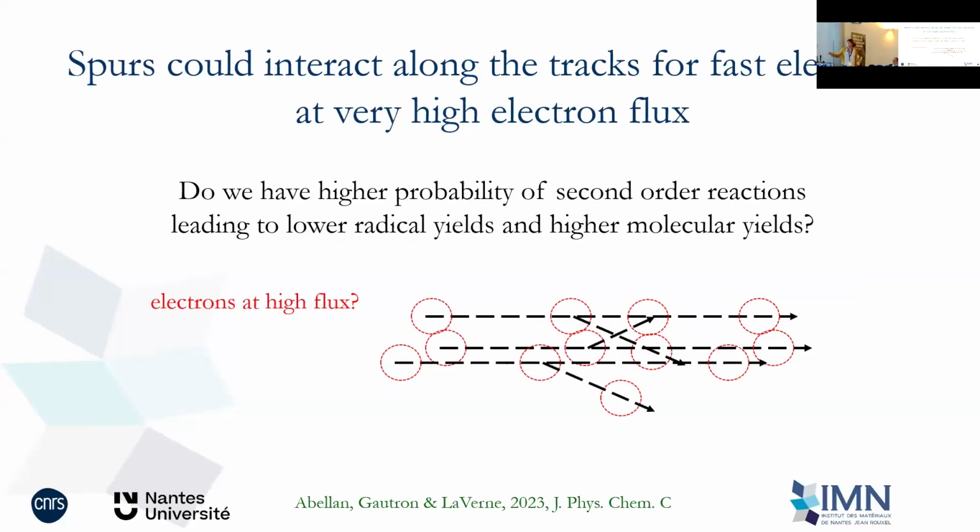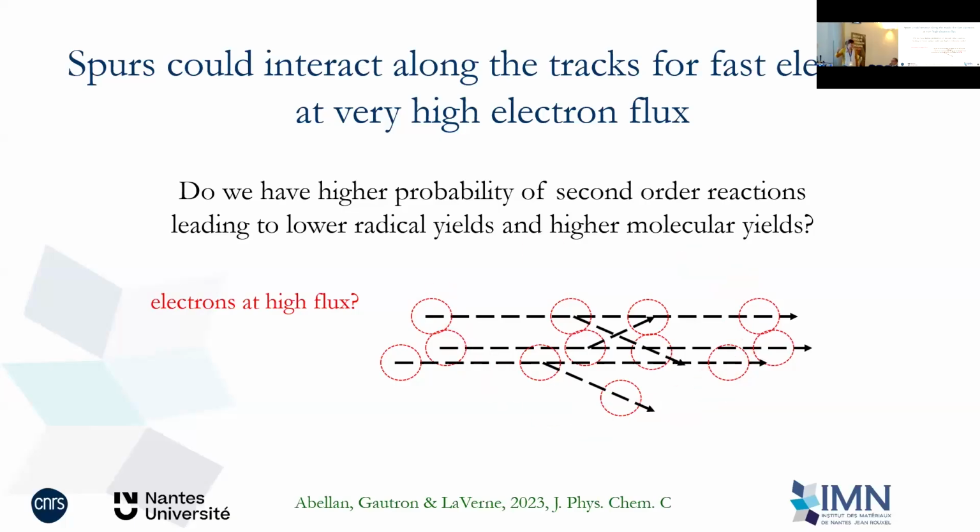So we did a paper recently where we wanted to show experimentally that the conditions we are in are closer to a scenario like this. Yes, you have electrons, the physics are the same, the same electrons that they use in radiation chemistry, but we have many of them, and they're really close. So what this could be doing is that all these pockets or spurs could be interacting with each other.